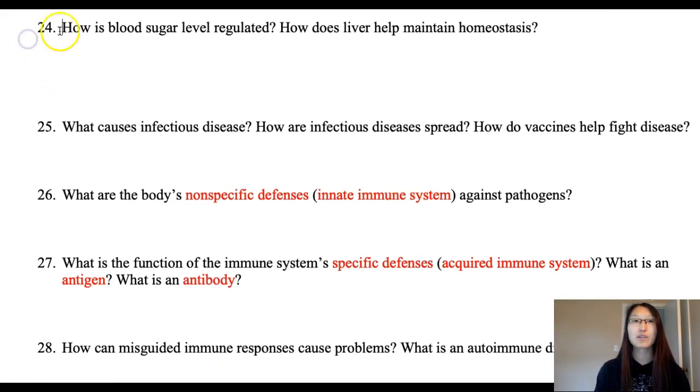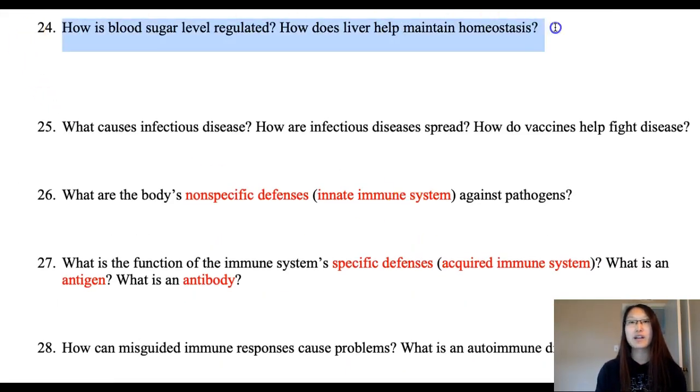The next one is, how is blood sugar level regulated and how does the liver help maintain homeostasis? This one, remember that picture? So when you eat a big meal, let's start with this, okay? The whole process is you eat a big meal and then your pancreas, which is a part of the endocrine system, is going to release insulin. Insulin does two things.